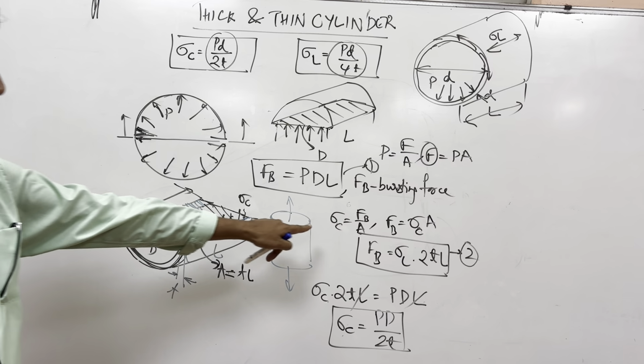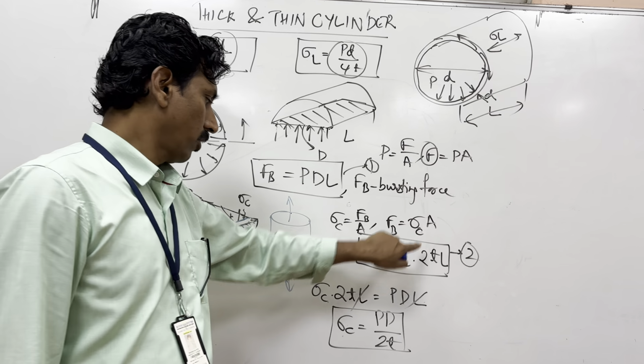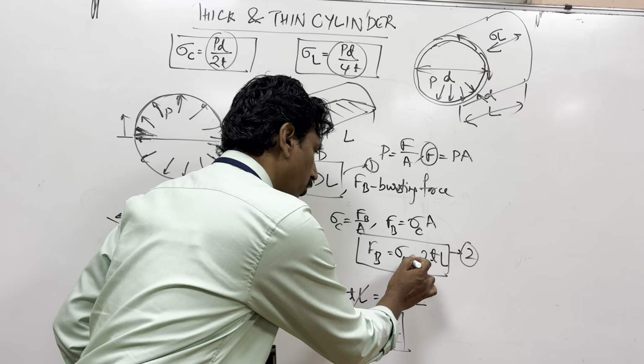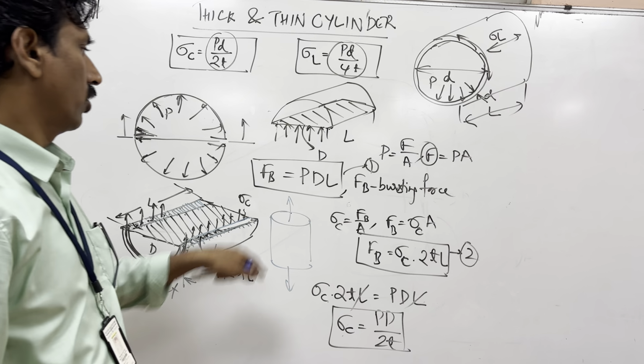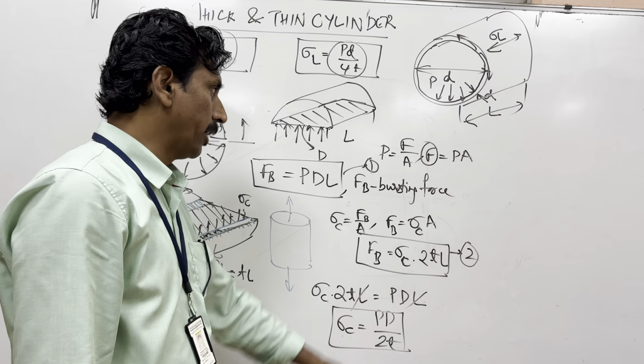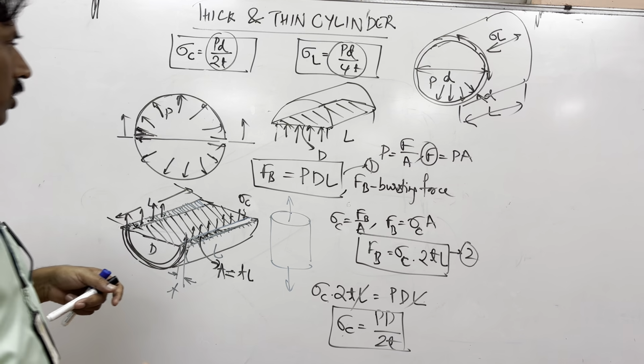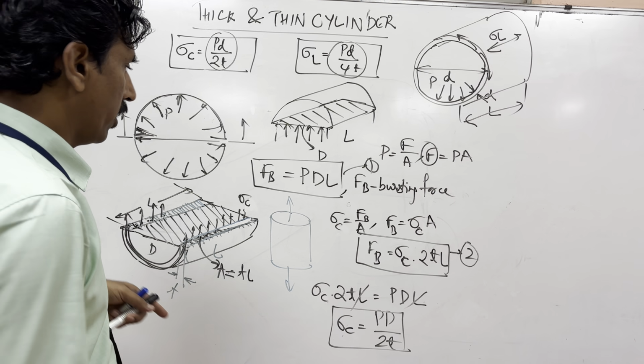So this is circumferential stress, sigma C. When you substitute this, you get the circumferential stress as PD by 2T. Okay, this is the first part of the derivation where you derive sigma C is equal to PD by 2T. Now if you want to derive the second part of the equation, shall I erase this?